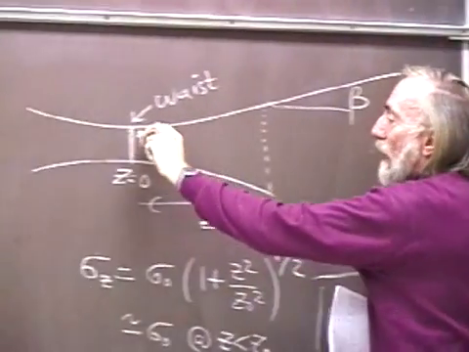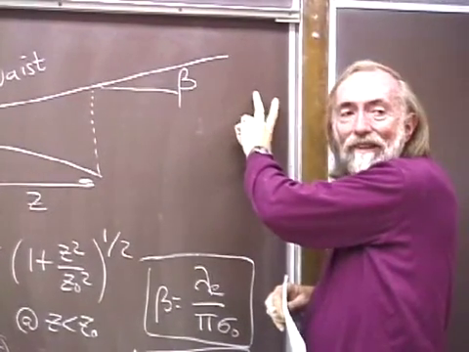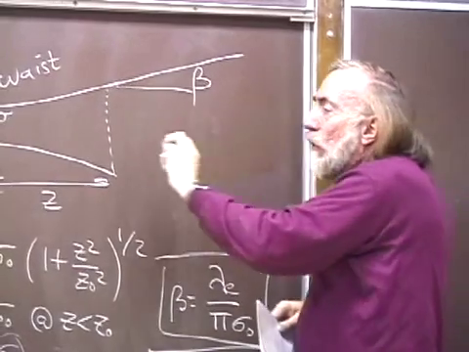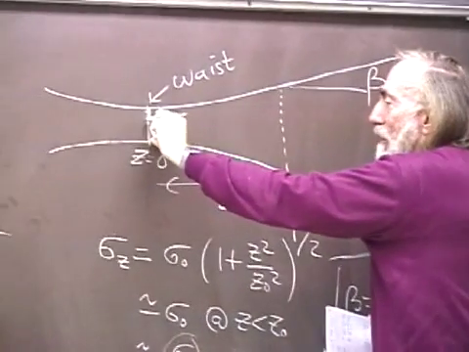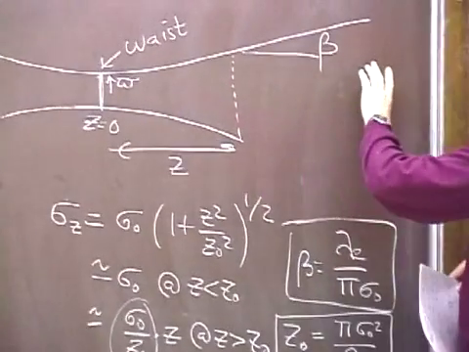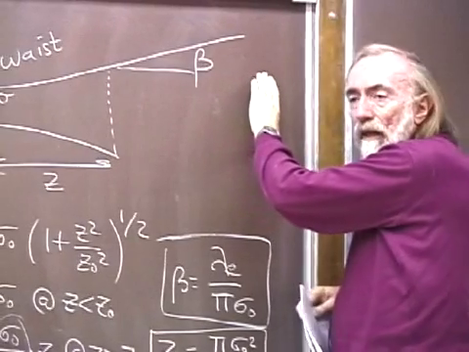If we choose a waist size that's too big, you won't have much spreading, but you'll still have a big beam spot size. So there's an optimal choice for the beam spot size of the waist in order to get the minimum possible beam spot size on the mirrors.